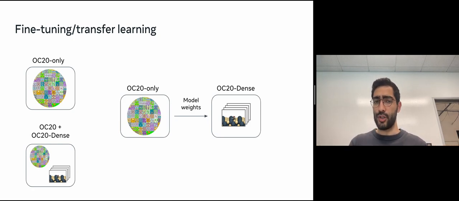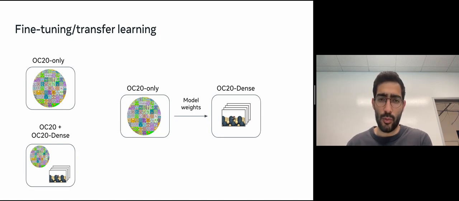Those have already been trained on OC20, so they are the best we've got them to be. You can freeze portions of those model weights and fine-tune the rest, updating some of the parameters by using this new dataset. Or you can mix and match these different strategies to think of ways to leverage this OC20 Dense dataset and improve overall performance.